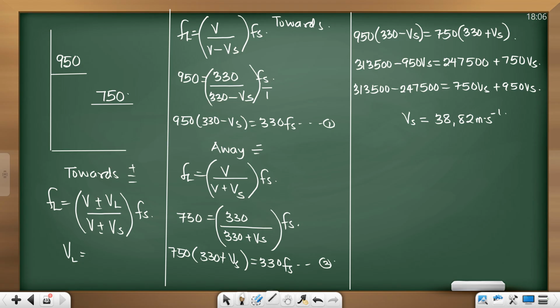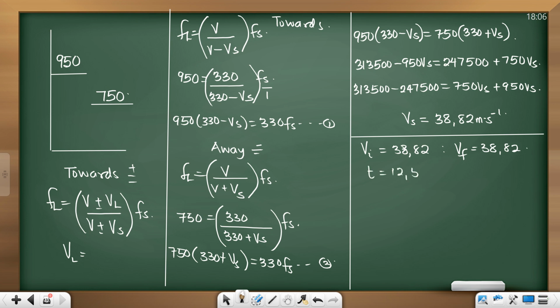Good. So we can simply use our equations of motion. Initial velocity is 38.82. I want to show you something. Even the final is the same. Do you know why? Velocity is constant. Time, 12.5 seconds. We are looking for Delta x.